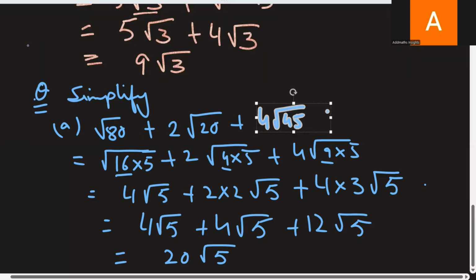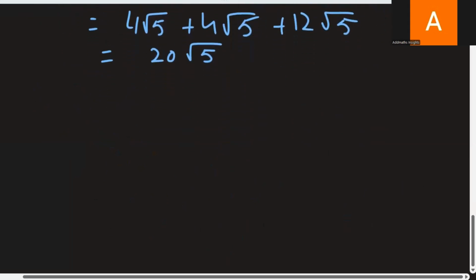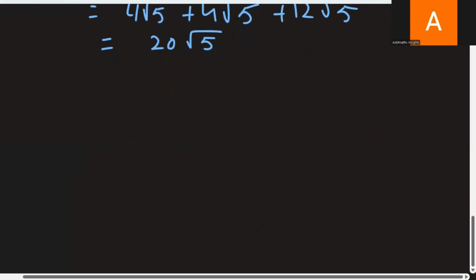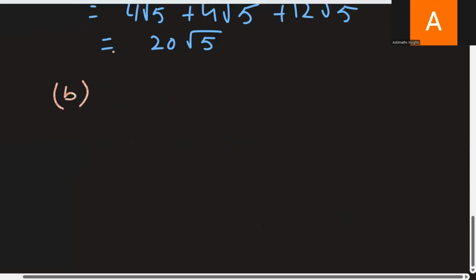Now, one more example of surds. For example, you have to multiply under root 2 by 3 plus under root 2. 3 plus under root 2 is also an example of surds.